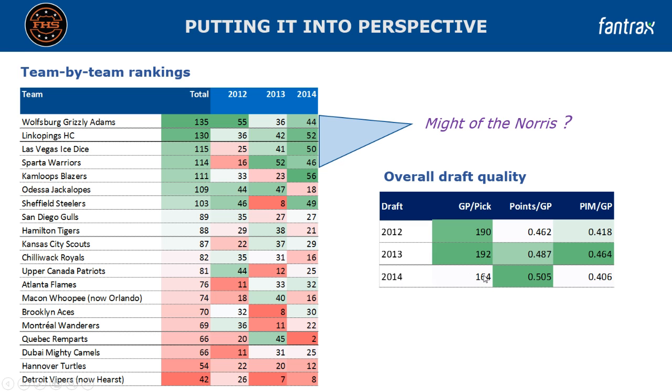This is reflected in the whole number of games played per pick, but basically it was a high risk, high reward draft, which is also underlined by the fact that relatively more forwards were selected, and forwards are typically the more high risk, high reward picks.